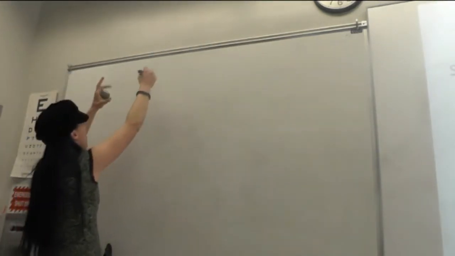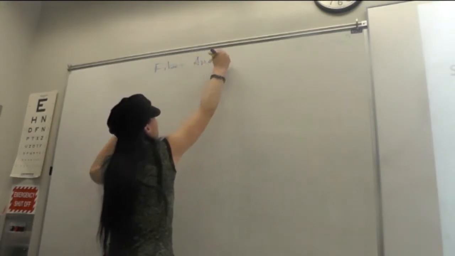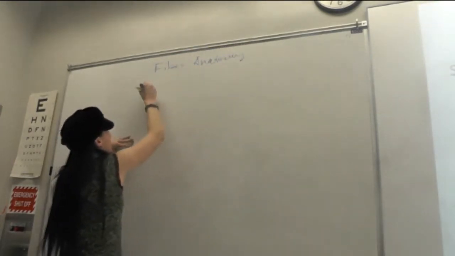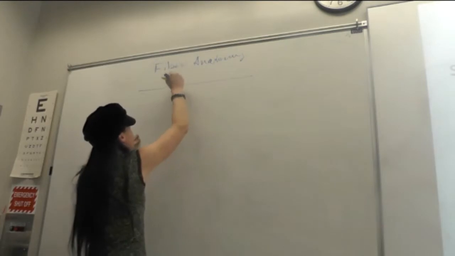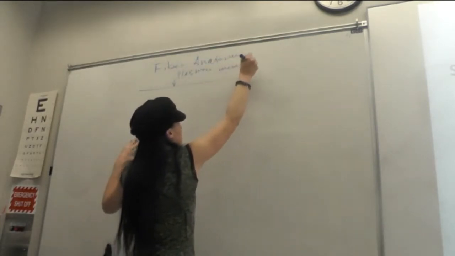Sarcolemma. So as far as skeletal muscle fiber, if we're thinking of something to call this, it's like fiber anatomy. And if we look at a muscle fiber, its plasma membrane is the sarcolemma.